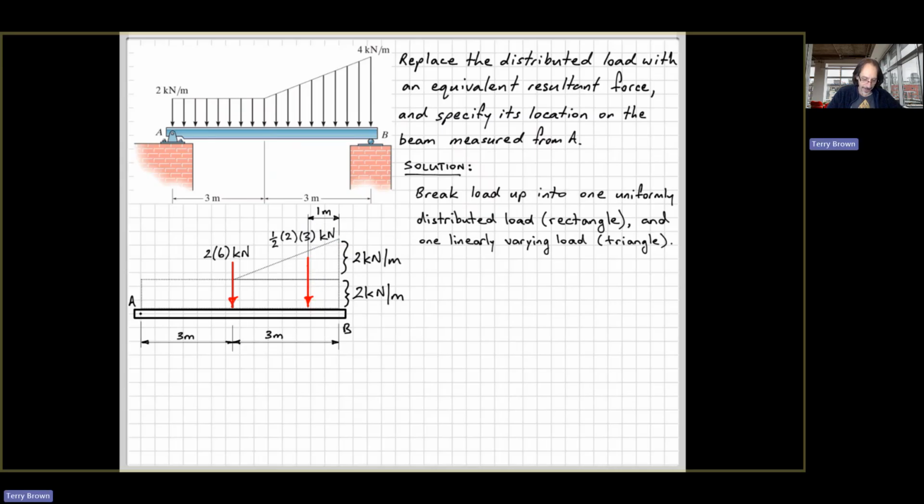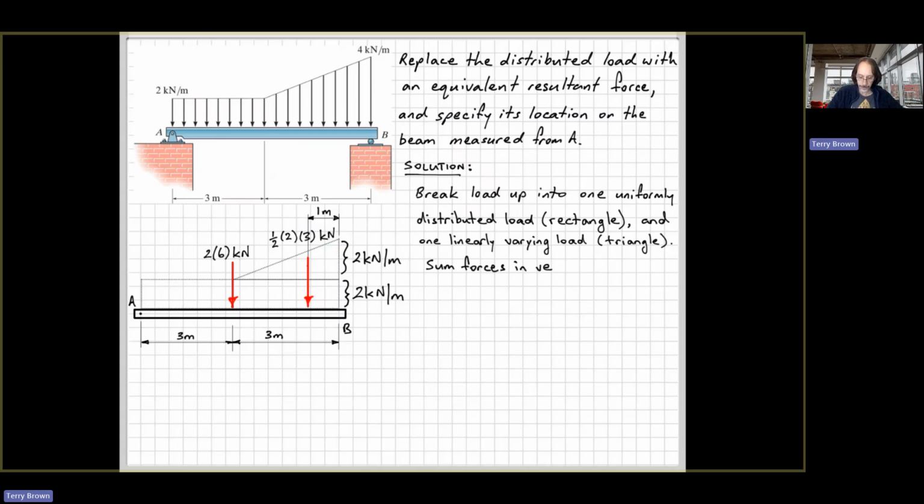All right, and its magnitude is the area under the loading curve, so the area of the triangle. The length of this side is 2 kilonewtons per meter, the length of this side is 3, and the area of a triangle is half the height times the base, so a half 2 times 3 gives us that, so this will be a magnitude of 3 kilonewtons.